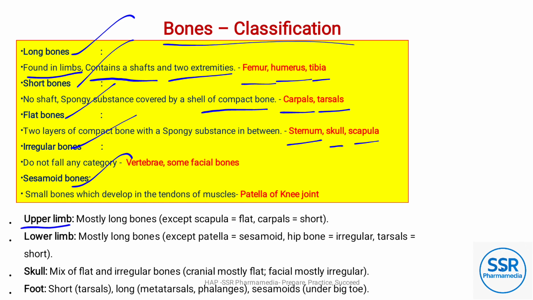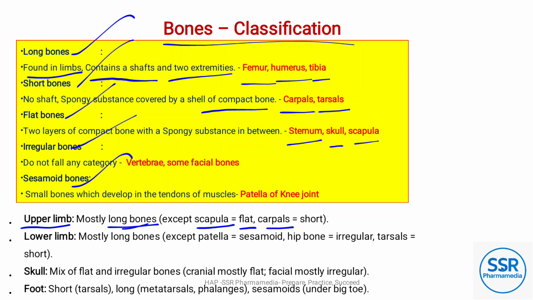Upper limb bones are mostly long bones, except the scapula, which is a flat bone, and the carpals, which are short bones. Except these two, the remaining upper limb bones are long bones.